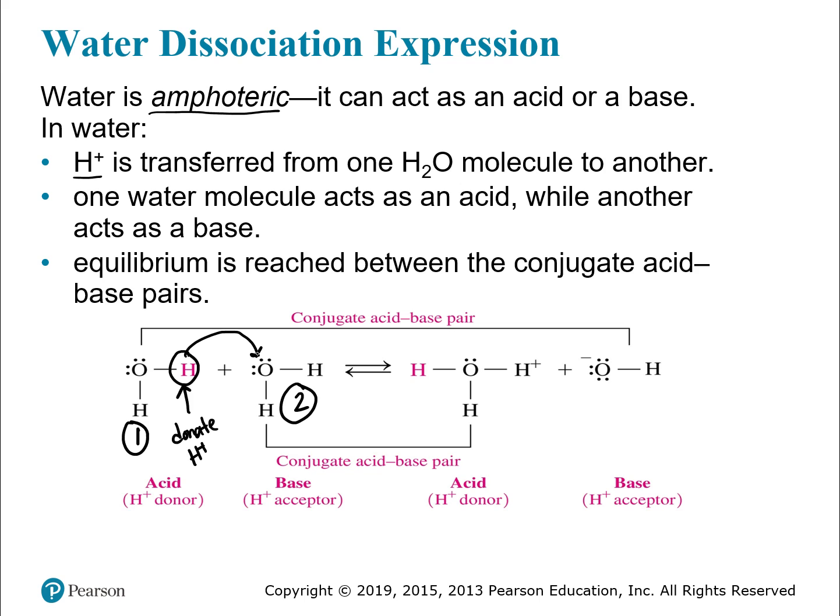When that happens, you form hydronium, H3O+. Now this is an acid. As you can see, it's labeled an acid down here. Acid means that it can donate a hydrogen. And what we've created is a base, something that can accept a hydrogen.